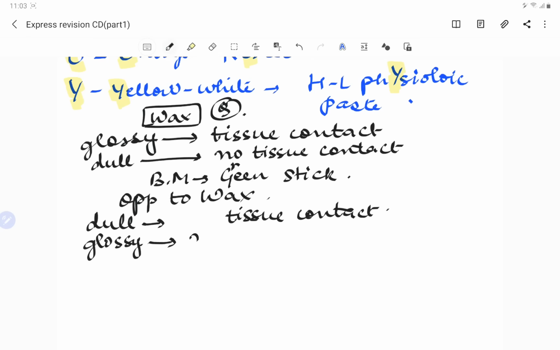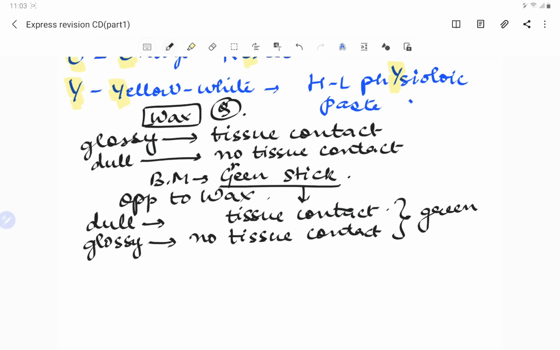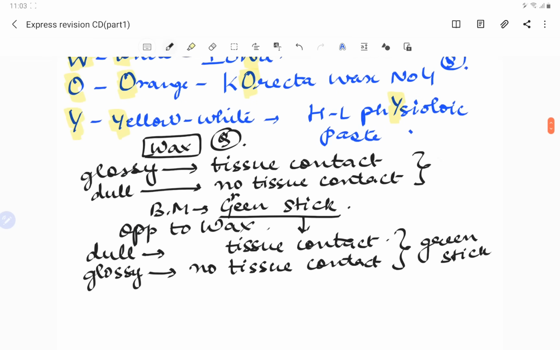If the area is glossy, there is no tissue contact. This is for green stick, low fusing. The glossy area tissue contact is for waxes. So you need to remember both of these points as well.